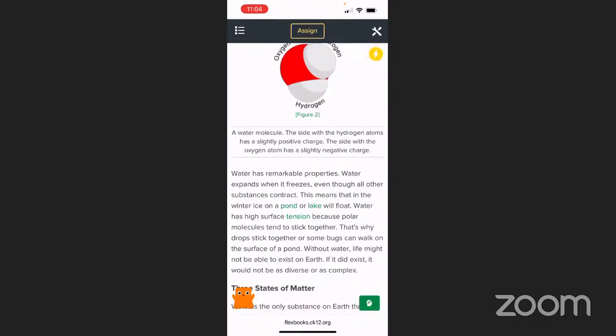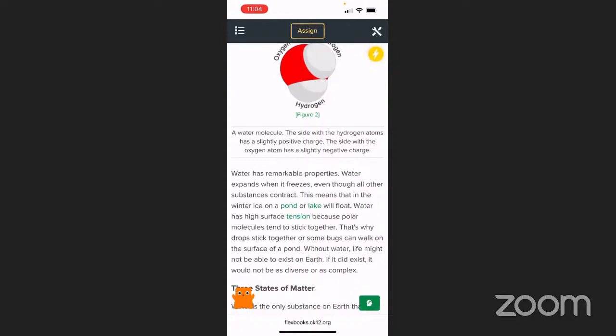The side with the hydrogen atoms has a slightly positive charge, and the side with the oxygen atom has a slight negative charge. So the oxygen is the one accepting the 2 hydrogen atoms, right? That's why it's more negative, and the hydrogens are losing, traveling to combine with oxygen, so they are the positive ones.